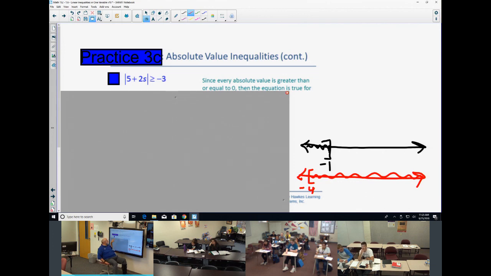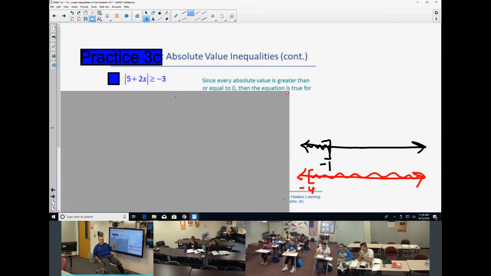If I look here and I say, okay, what has an absolute value greater than or equal to -3? Everything. Every number has an absolute value greater than or equal to 0. So anytime you have a negative over here when you're doing these, it's either going to be no solution or all real numbers.